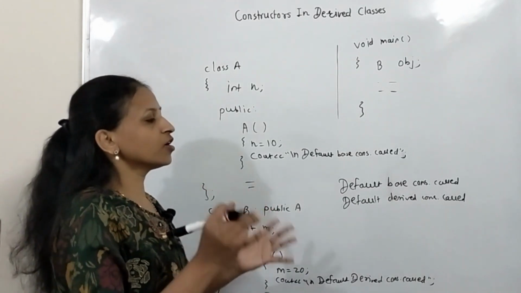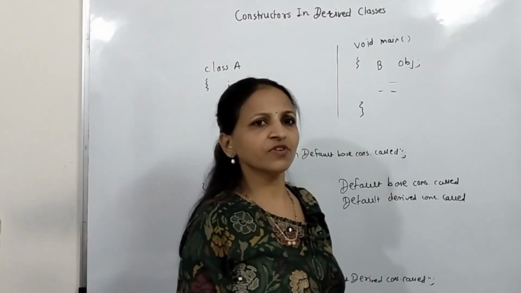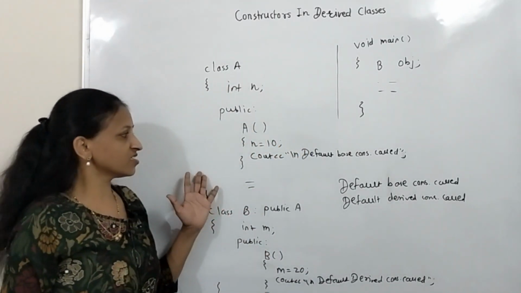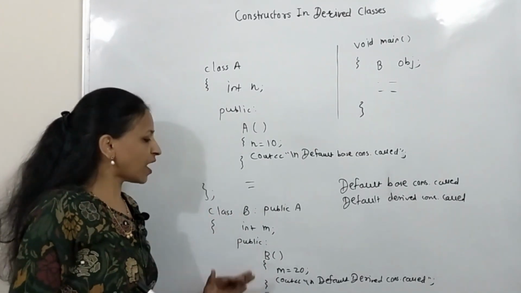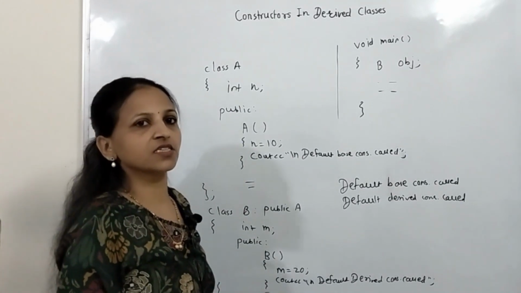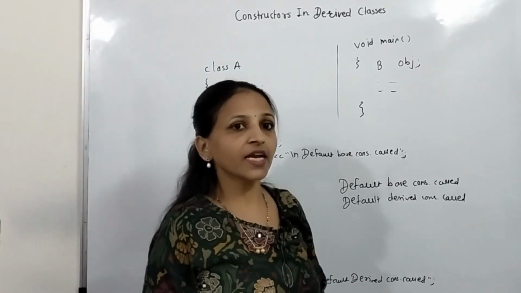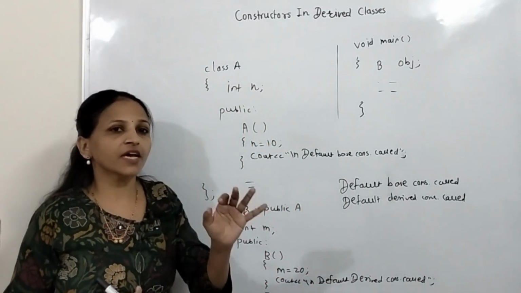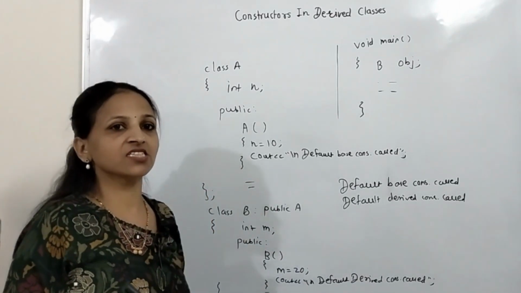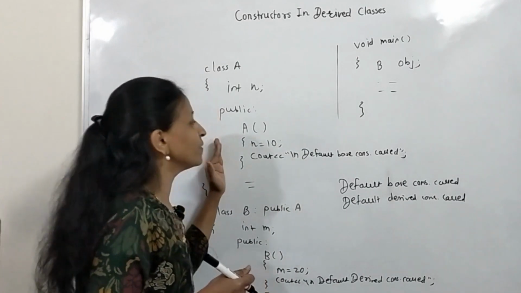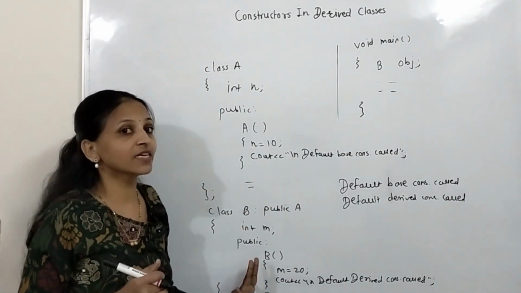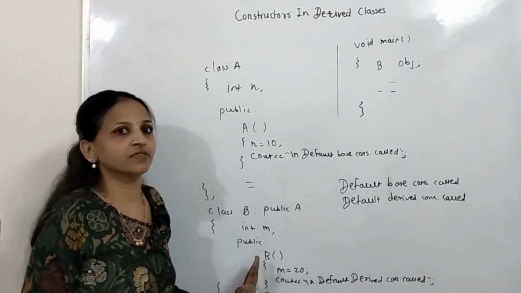Here we are not calling the base or derived constructor explicitly because these are just default constructors. But if any base class has a parameterized constructor, then it is mandatory to call it explicitly through the derived class constructor.